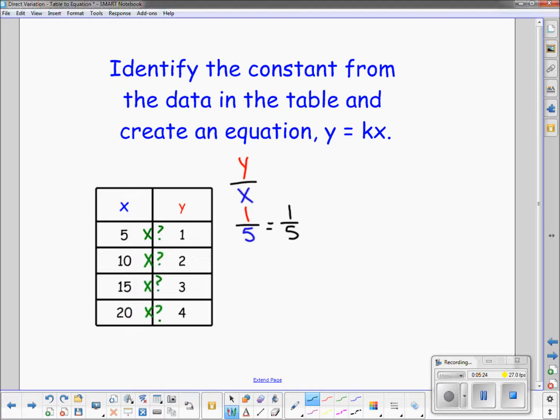Let's just check to make sure that it works for all of them. For the rest of the table, I went through and put y over x. And in all three of the rest of the rows, after I did y over x, I still needed to simplify those fractions. And when I simplify, I end up with 1/5 for each of them.